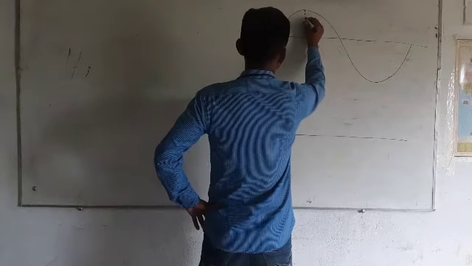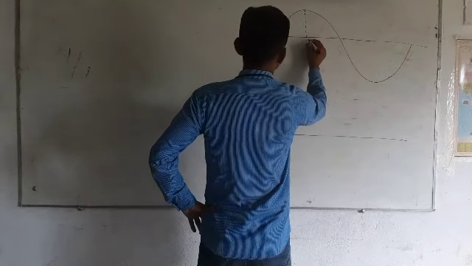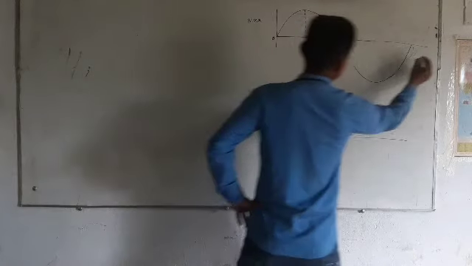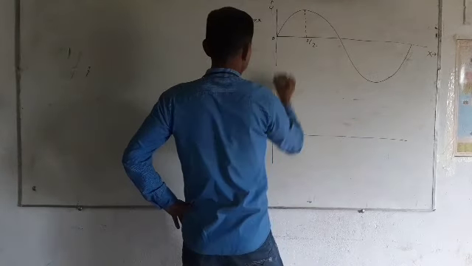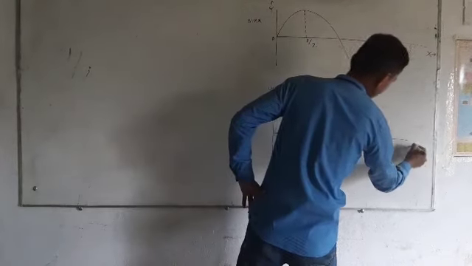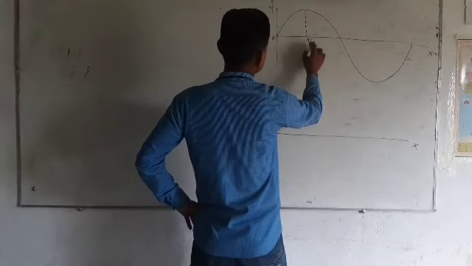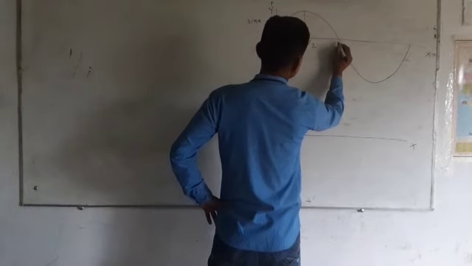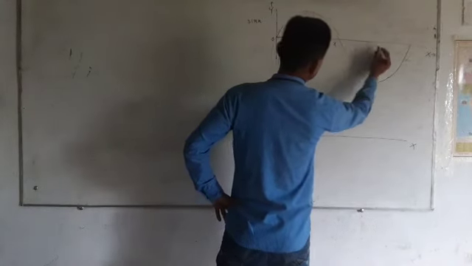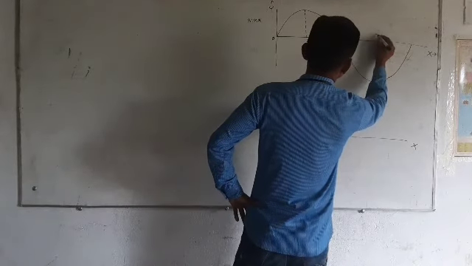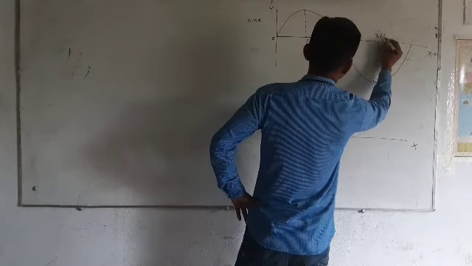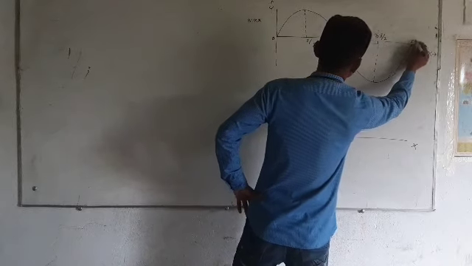Here, this point corresponds to x equal to pi by 2. This is the x axis, this is the y axis. This point corresponds to pi by 2, this point corresponds to pi, this lowest point corresponds to 3 pi by 2, and this point corresponds to 2 pi.